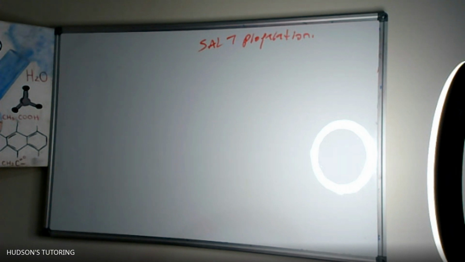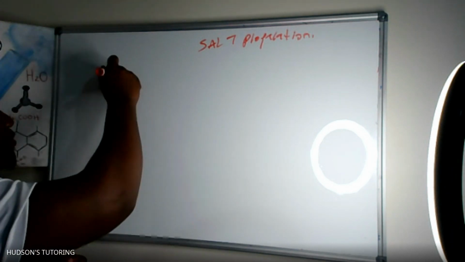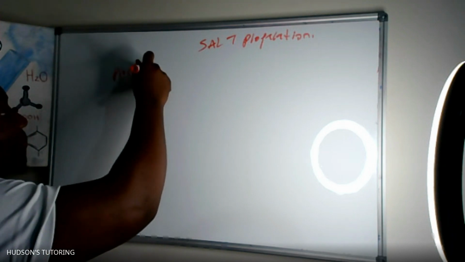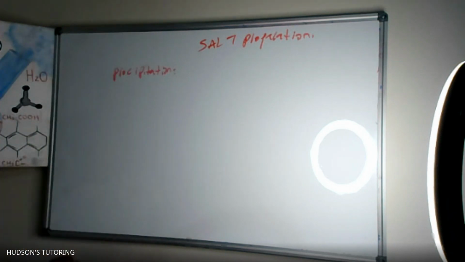Salt preparation. We have different methods in which we prepare salt. We have precipitation. Precipitation is where we want to prepare insoluble salts, and insoluble salts are formed when we react two soluble salts. So, precipitation is one method of salt preparation.